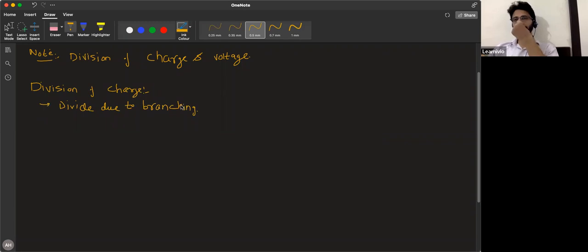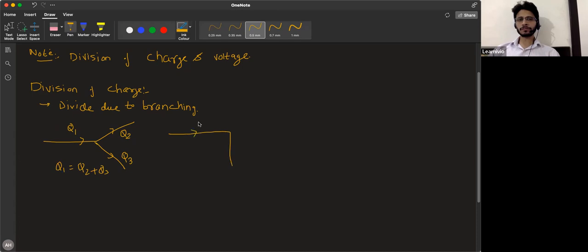Say this is your wire. This wire divides into two branches. This is the charge Q1 coming. This charge Q1 divides into two parts, Q2 and Q3. So whenever you have a branch, charge will divide. You can write that Q1 will be equal to Q2 plus Q3. If you don't have branches, like the charge Q1 coming from here, there is no branch, so charge will not divide. Without branching, charge will not divide.